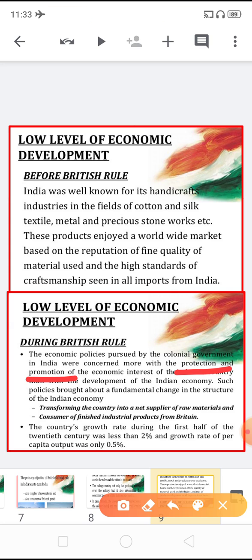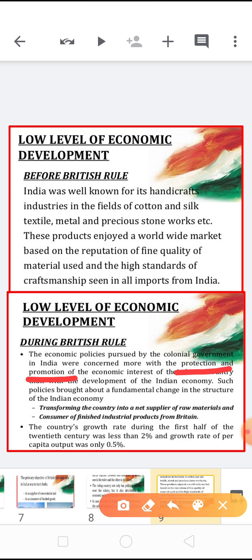From those raw materials they would make finished goods in their own country. Again, the finished goods were imported into our Indian market, and they gave competition to the Indian products. This is basically what was being done at that point of time.